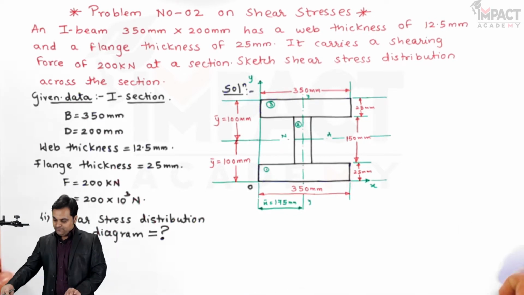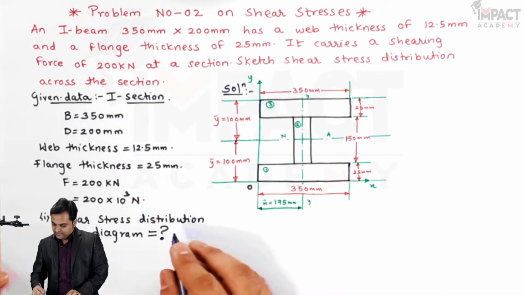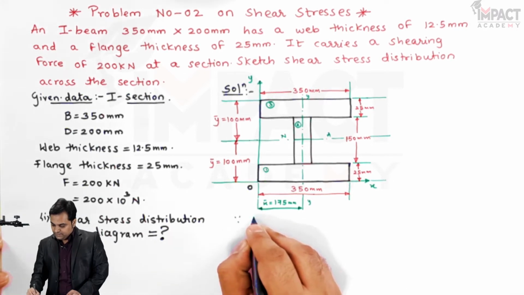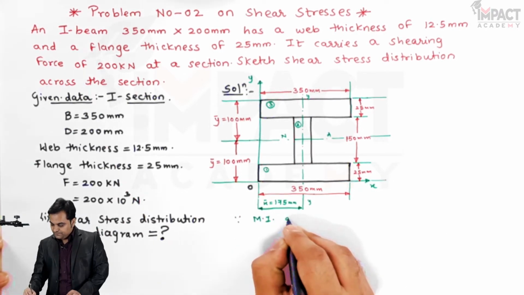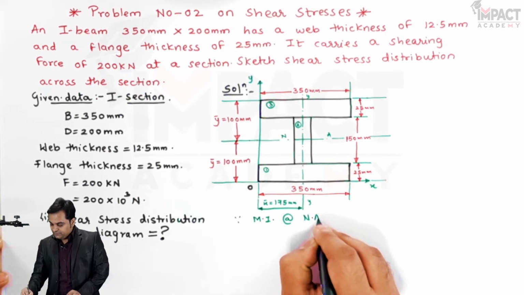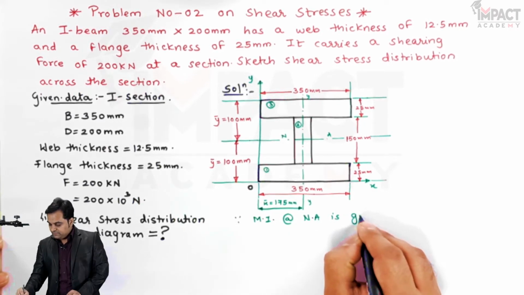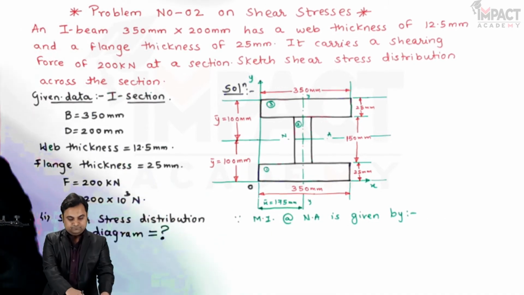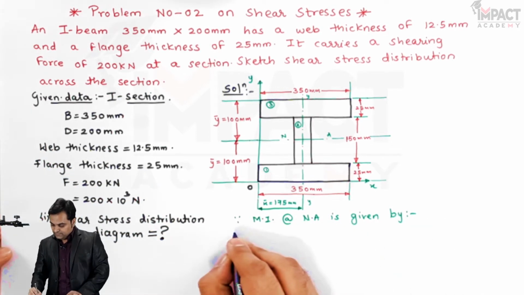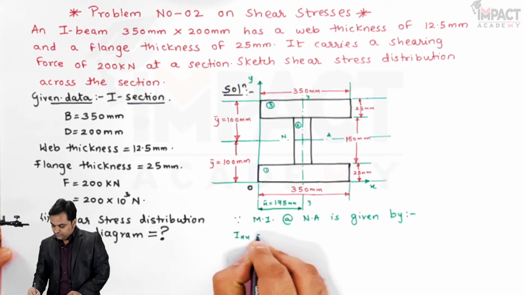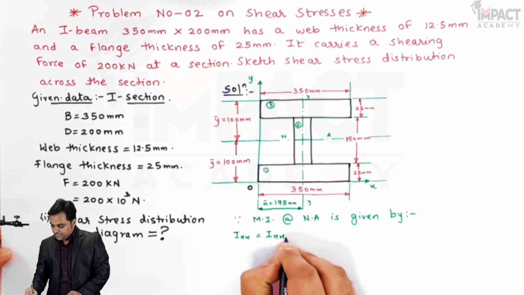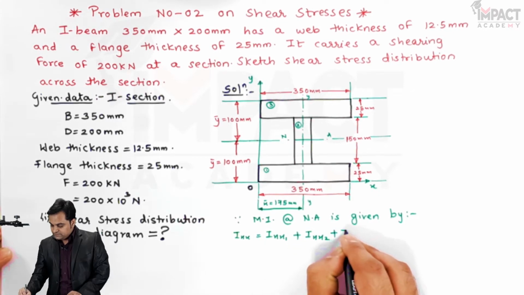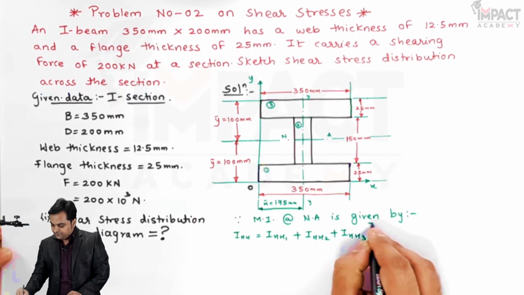So here I am taking this as rectangle 1 and I'll say that since the moment of inertia about NA, that is neutral axis, it is given by Ixx is equal to Ixx1 plus Ixx2 plus Ixx3.